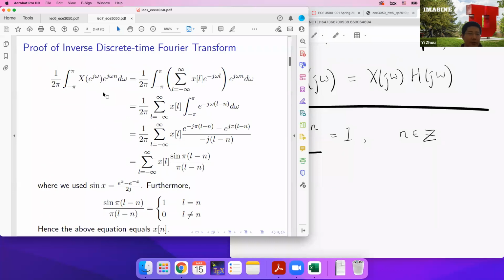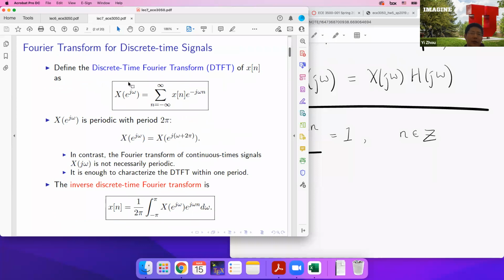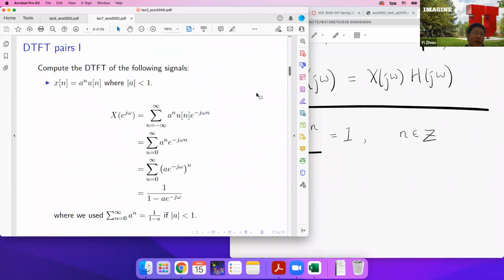Because now we are dealing with aperiodic discrete time signals, this DTFT is defined with a summation. So most of the time when we compute DTFTs, we will need to evaluate summations of infinite series. For example, if you want to evaluate the DTFT of such an exponential signal, it's causal because of this u[n].